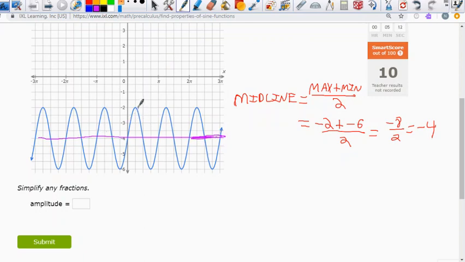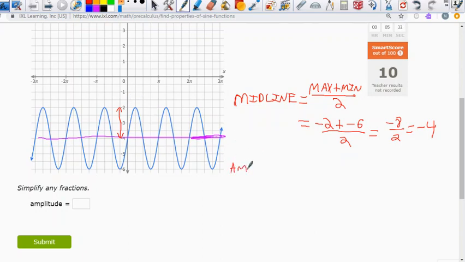And the amplitude is the distance between the midline and the maximum. I can see here that the distance from the midline to the maximum or the midline to the minimum goes from negative 4 to negative 2, and that's going to be a distance of 2.